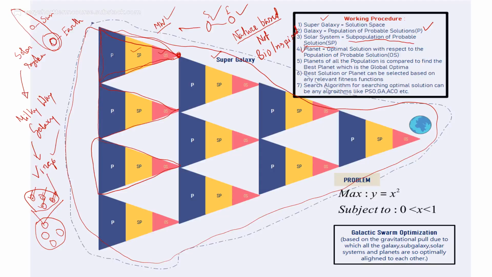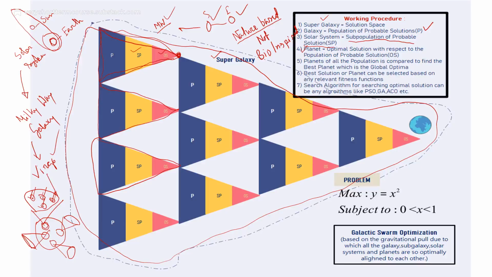The best solution of this part of the subpopulation. But this best solution, the best planet, you can find here also for this subpopulation, and here also for this subpopulation. Right? So for each subpopulation, I will get an optimal solution, or a planet, an optimal planet.